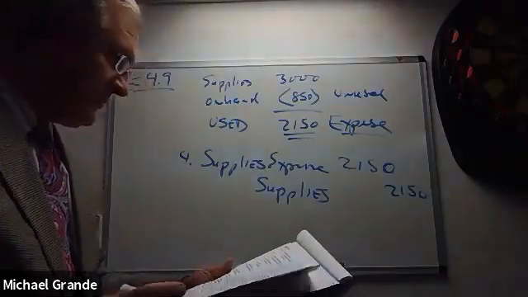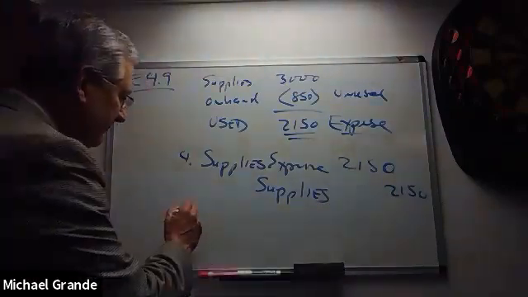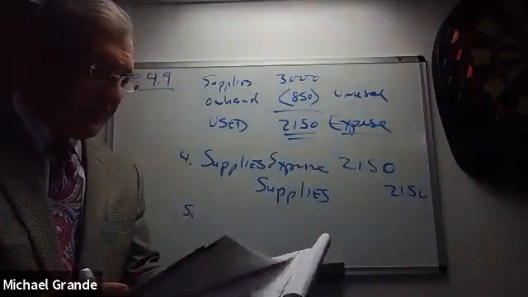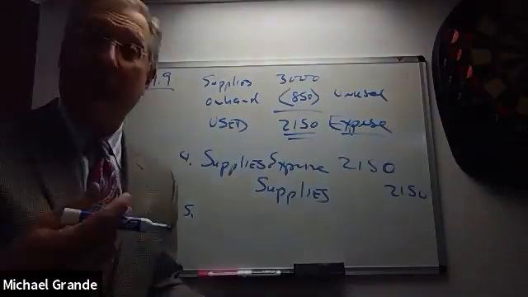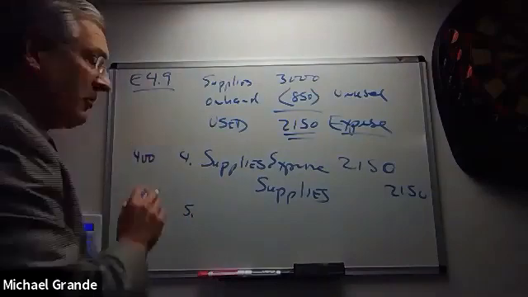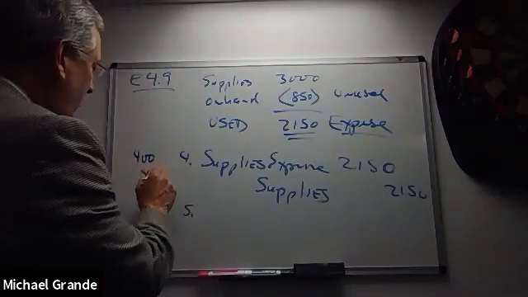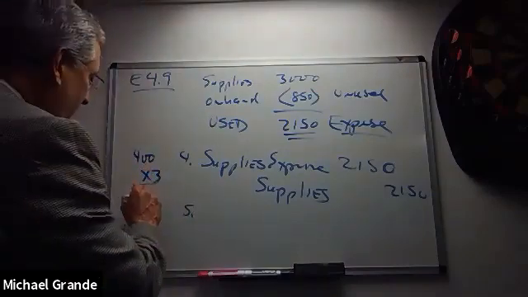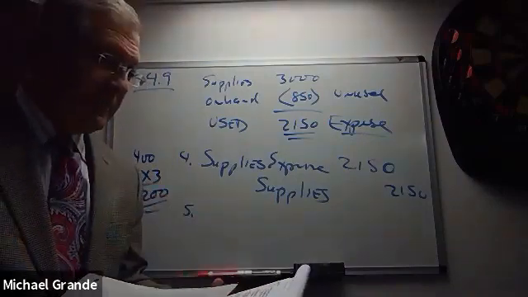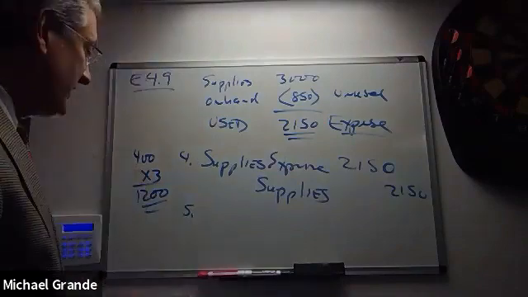And then the last item here is item 5. It says insurance expires at the rate of $400 per month. So we've got $400 per month, and again, this was for quarterly, so we've got 3 months. So they have used $1,200 of insurance.